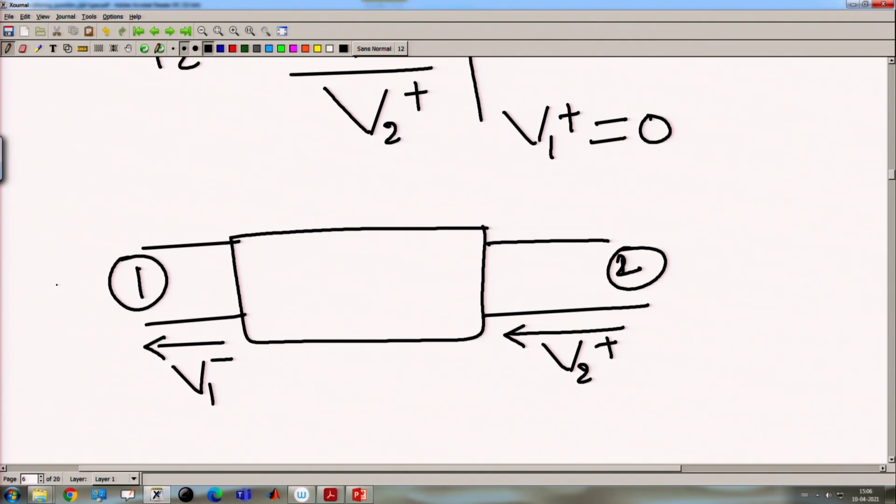That means S12 is like a transmission coefficient when the wave is entering from port 2 and leaving at port 1.